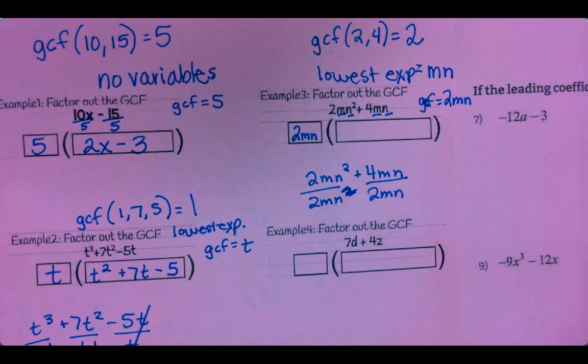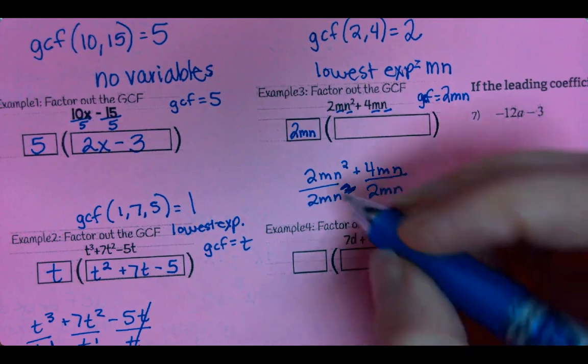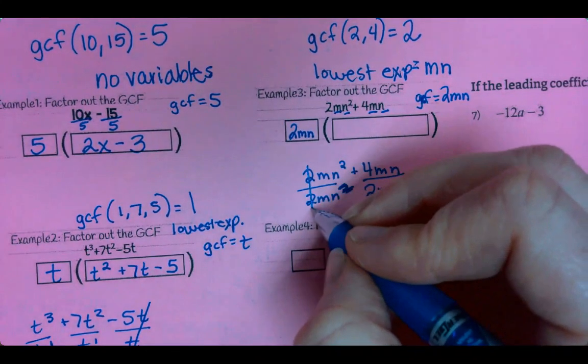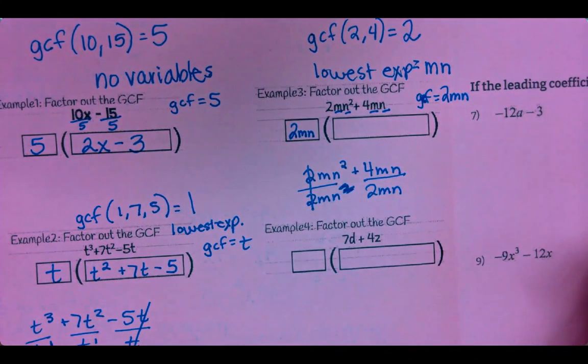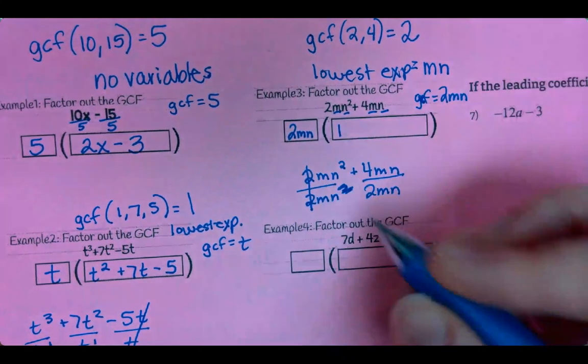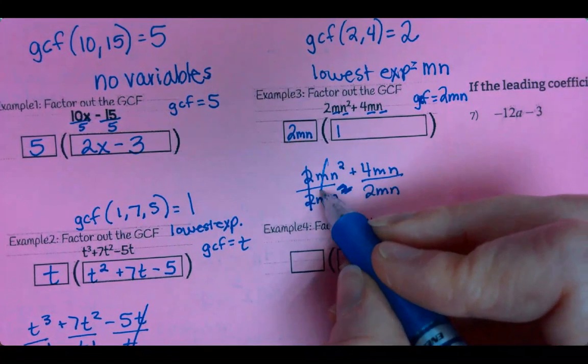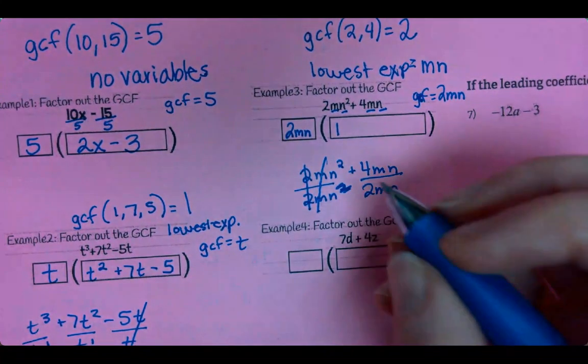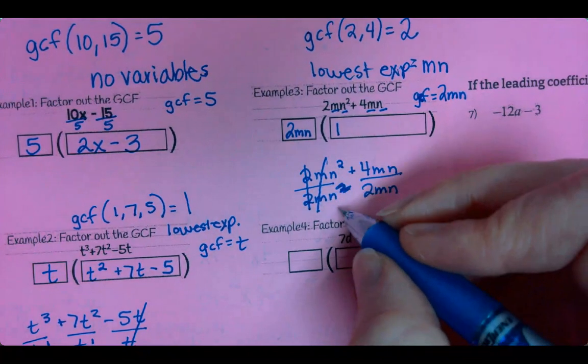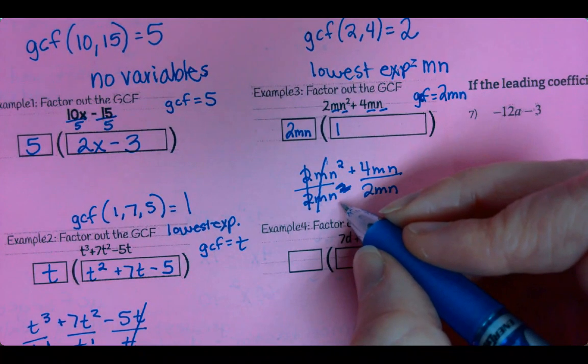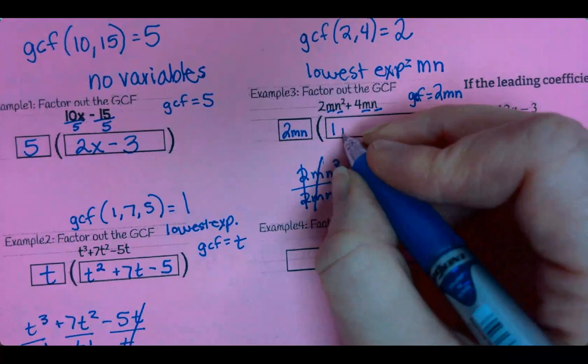So you divide coefficients and subtract exponents. 2 divided by 2 is 1. M divided by m, that cancels. And then n squared over n. How many n's are we left with? Yep.